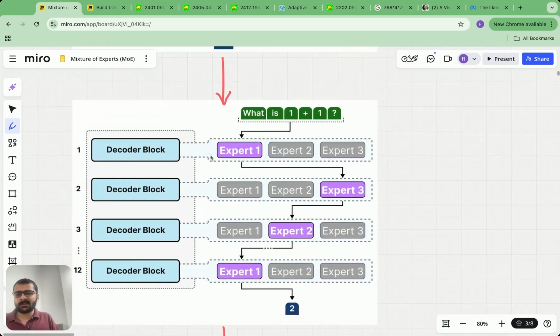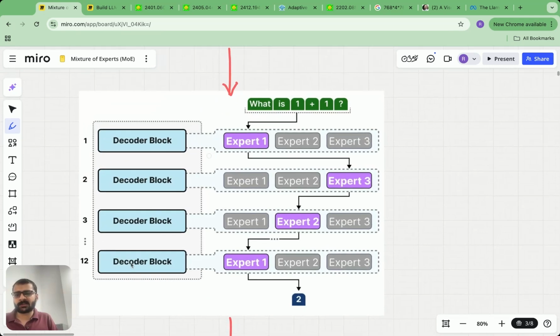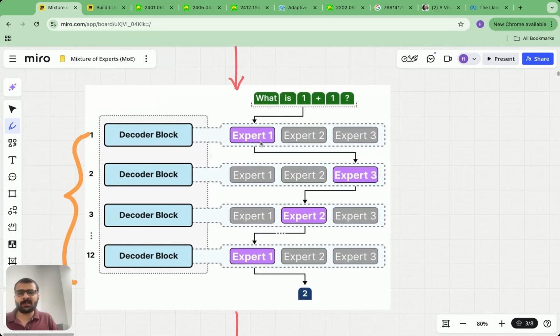What I want to show here is that there are different such transformer blocks. There might be 12 transformer blocks, and there are multiple experts in each transformer block. So if this "1" is routed to a particular expert in the first block, it is completely possible that it's routed to a different expert in the second block, a different expert in the third block, and right till the 12th block, it will be routed to a different expert.